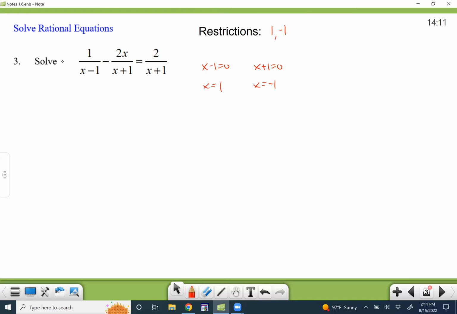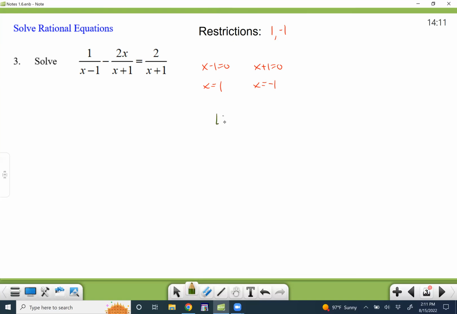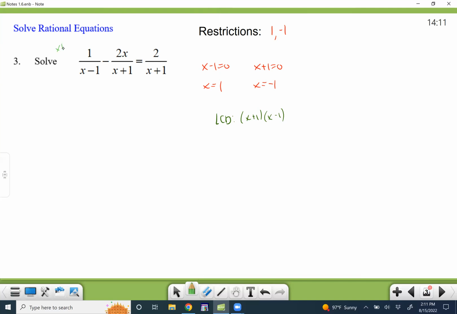Okay. And then after that, we multiply by the LCD. The least common denominator here is everything that shows up in the denominator, x plus 1 and x minus 1. So we are going to multiply all terms, all the numerators, by x plus 1 and x minus 1.